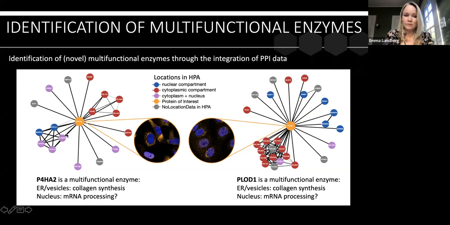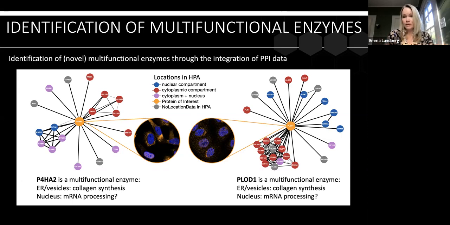But then if we look at protein-protein interaction networks for both of these enzymes, we see that they interact with the expected other enzymes and proteins in the cytoplasmic compartment, but they both also interact with other proteins in the nuclear compartment. And these proteins are involved in mRNA processing.